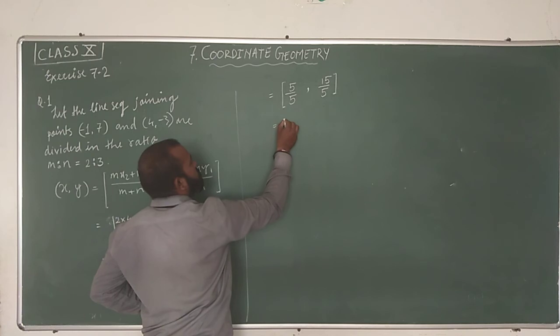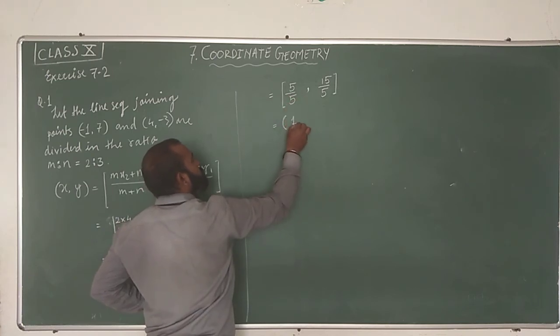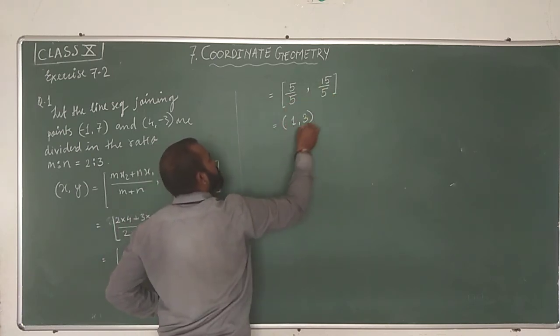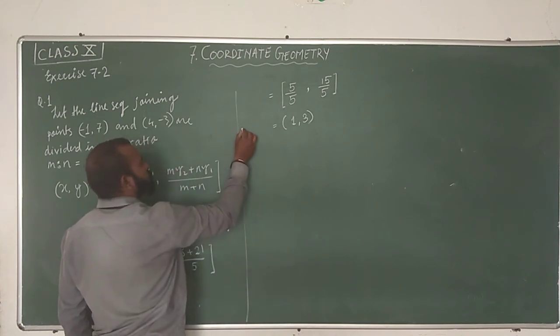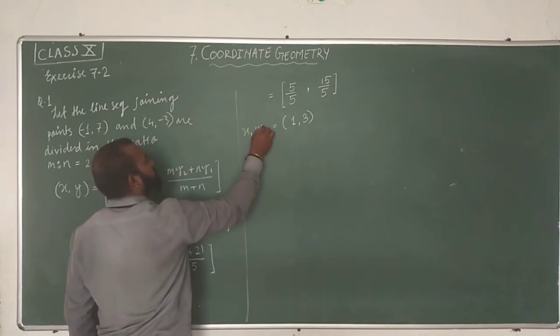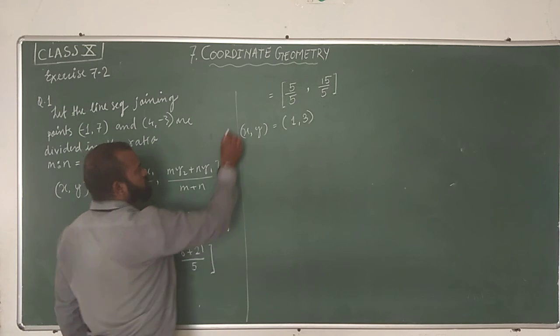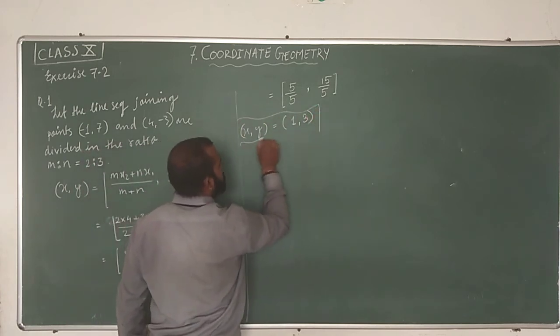Divided, it will be now 1 comma 3. Therefore (x, y) is equal to (1, 3).